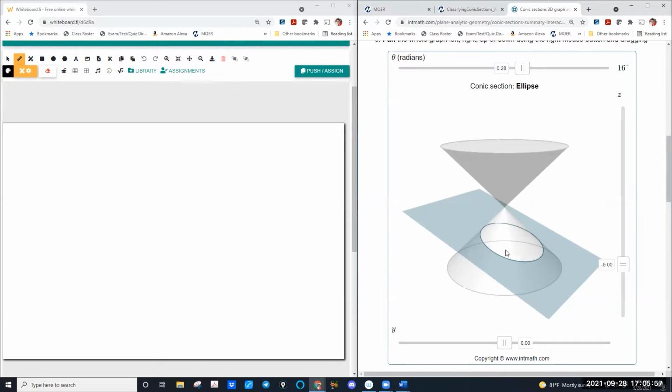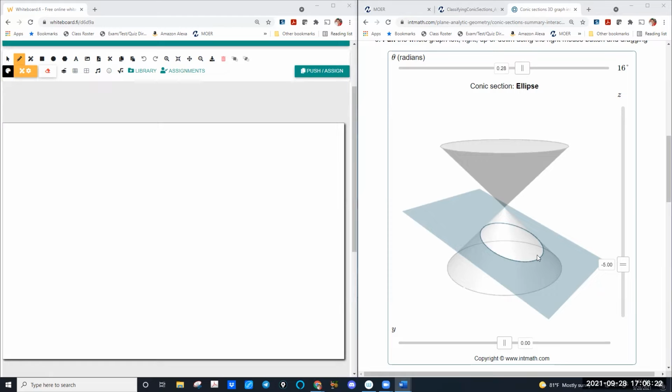We're just looking along the X and Y axis. But ellipses show up quite often. We can think of a lot of things that have the shape of an ellipse. For instance, our eye has the shape of an ellipse. Like a football would have the shape of an ellipse.